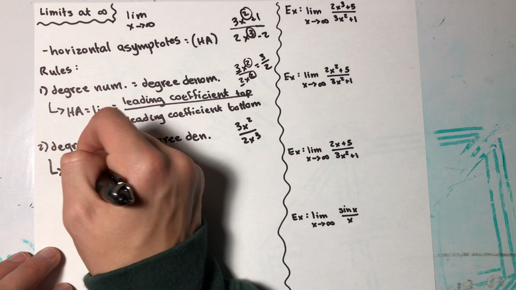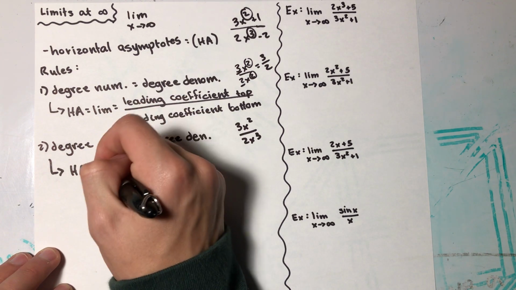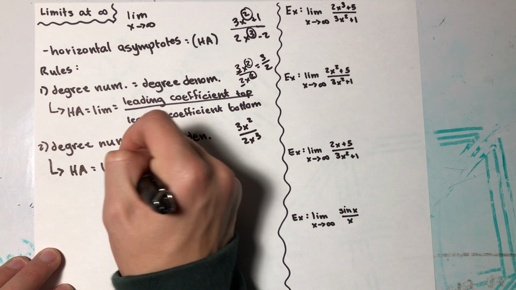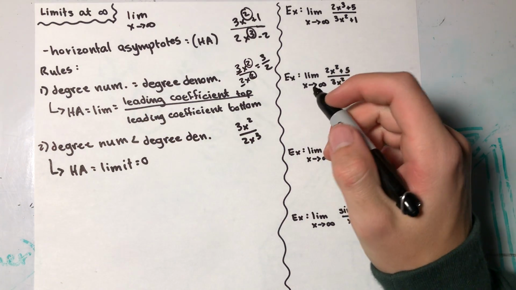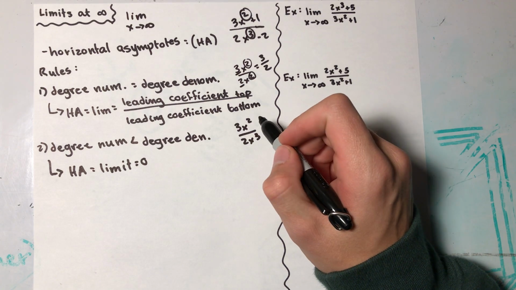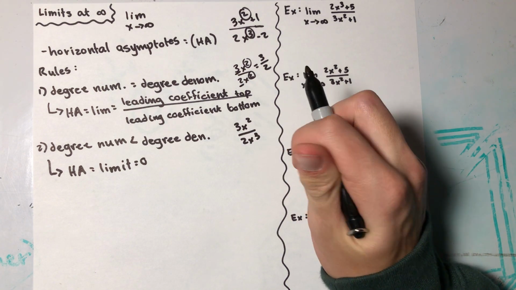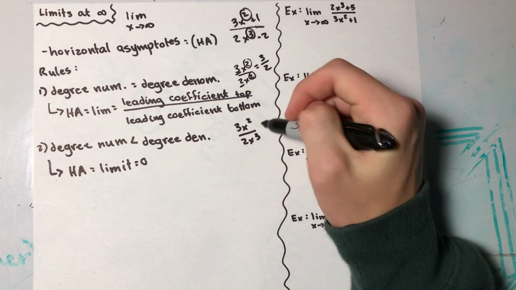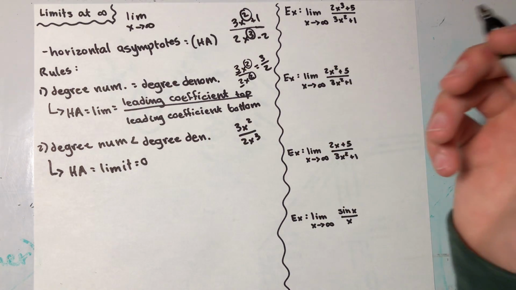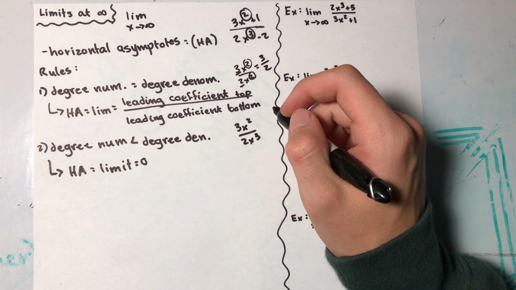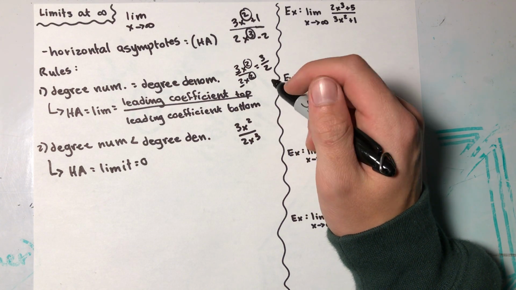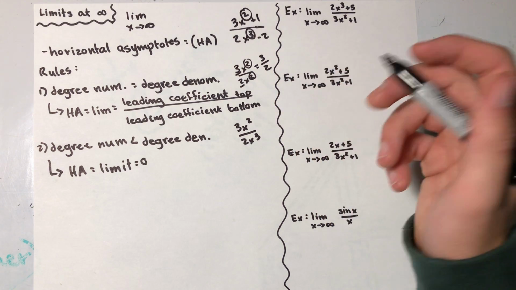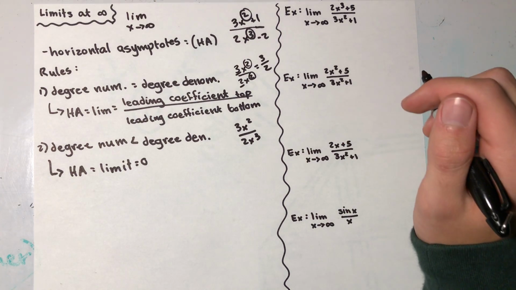The horizontal asymptote, which is equal to the limit, just equals 0. Because if you imagine plugging in infinity squared divided by infinity cubed, the denominator is going to be larger than the numerator, and dividing by infinity theoretically gives you just 0. So that's all there is to it.